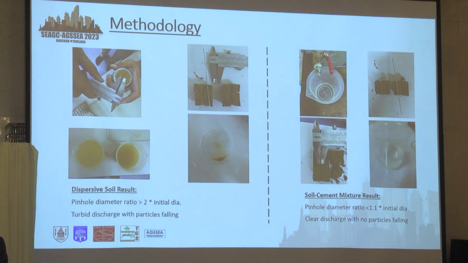After the test was carried out, there were two completely different results. In the pinhole test of the dispersive soil, there was cloudy discharge and erosion of the particles. In the dispersive soil mixed with the cement content, there was no particle erosion.